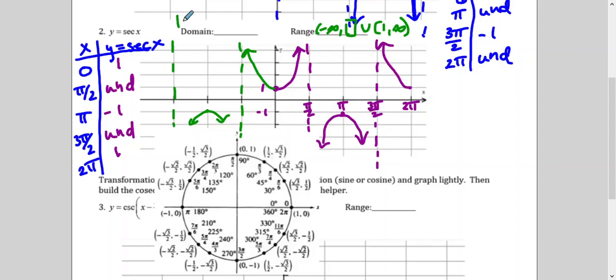So we're going to say all real numbers except x can't equal pi over 2. But I can't say pi over 2 times k because that would mean 1 pi over 2, 2 pi over 2, 3 pi over 2, 4 pi over 2. It would give me too many asymptotes. So I'm going to say x cannot equal pi over 2 plus, every time I add pi to pi over 2, I get another asymptote. So plus pi k, and k is an integer.